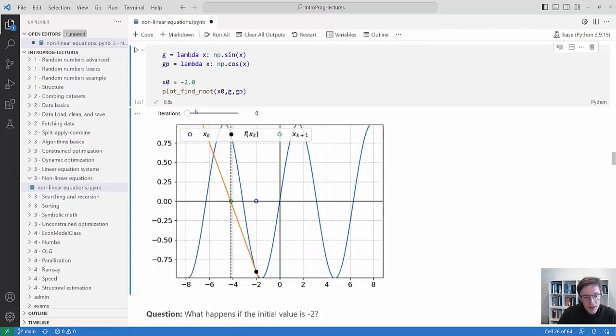We set that in here. You can see that's also not 0, so we have an update step, and now again we converge. But note that we converge to a different 0 than before. There are many zeros of this function, and our method only ensures that we converge to the nearest in some sense, or at least a nearby root. That's always something you should be aware of, that this is a danger.